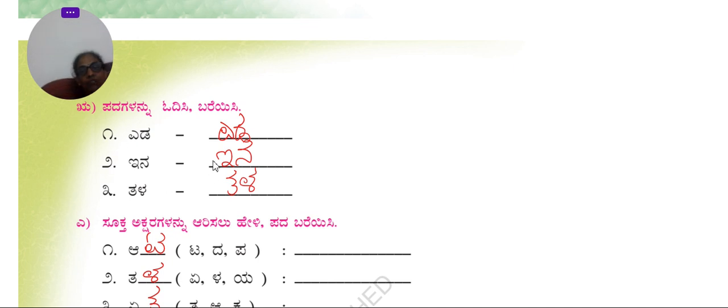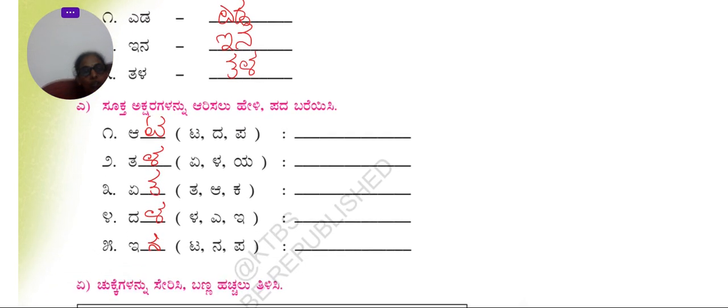Now here there are blanks given, and there are alphabets and options. You have to pick the right option, fill in the blank and write the complete word here. So this is ata. Ata means to play. Then tala means the base, the bottom of any object.